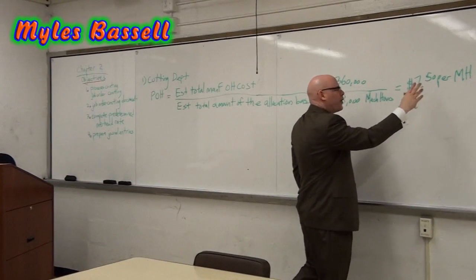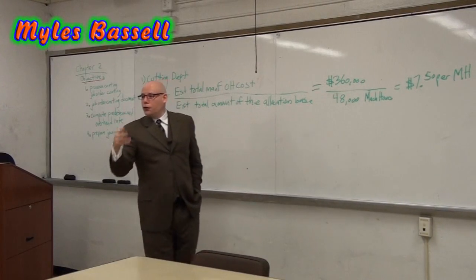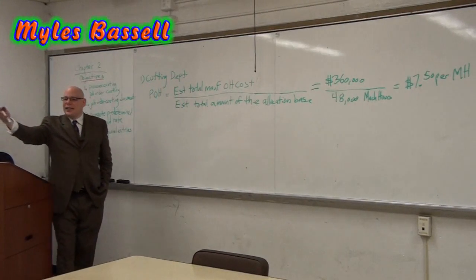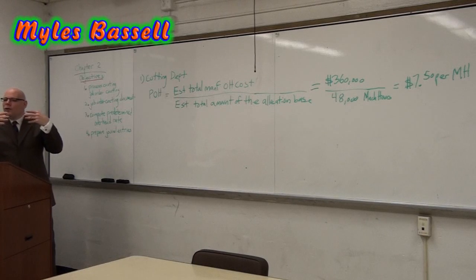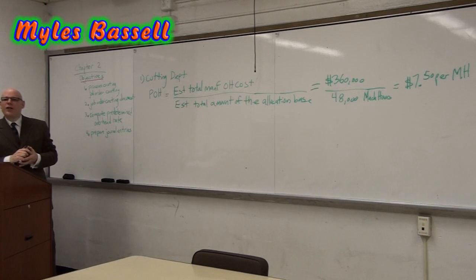Why is this $7.50 per machine hour helpful to us? What kind of insight does that give us? So think about the different types of opportunities that we might have as a manufacturing organization.